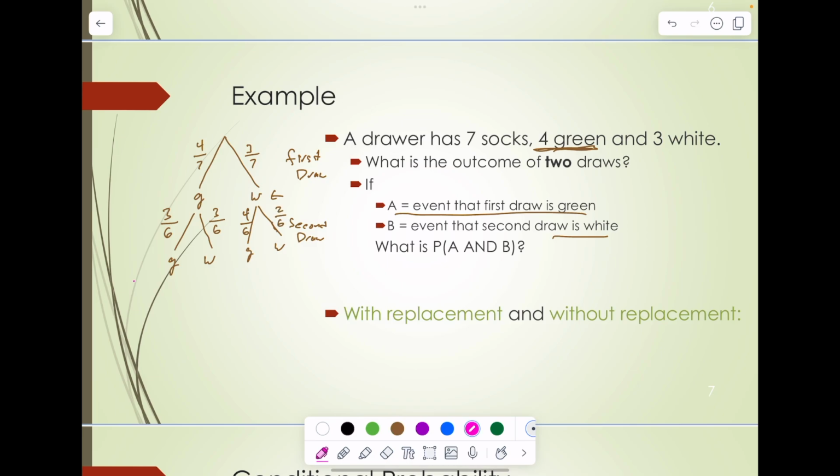Okay, now each branch represents an outcome here. This first branch is going to be green, green. That's me getting 2 green socks. The next branch is me getting a green sock in the first draw and a white sock in the second. The third outcome is going to be this path right here, which is a white sock.